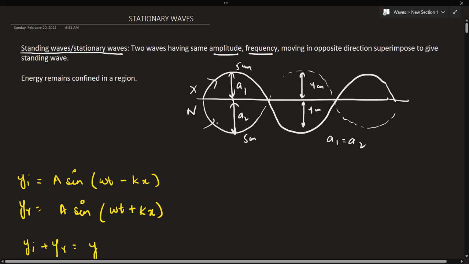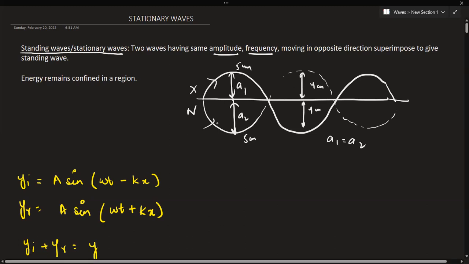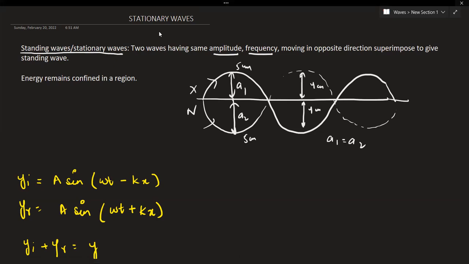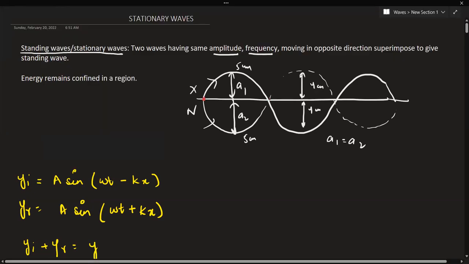So see, there are points where the amplitude of particles of the medium is 0. Wherever the amplitude of the particle of the medium is 0, we say these points are called nodes. So if you see these points, here the amplitude is 0.